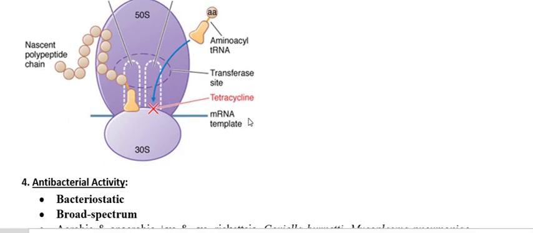So in a nutshell, if you want to define how this drug, the tetracycline as a whole group, acts, they bind with the 30S ribosomal subunit of the susceptible bacteria, and therefore inhibit bacterial protein synthesis and restrict the growth of the bacteria, and this is the mechanism of action in short of this group.